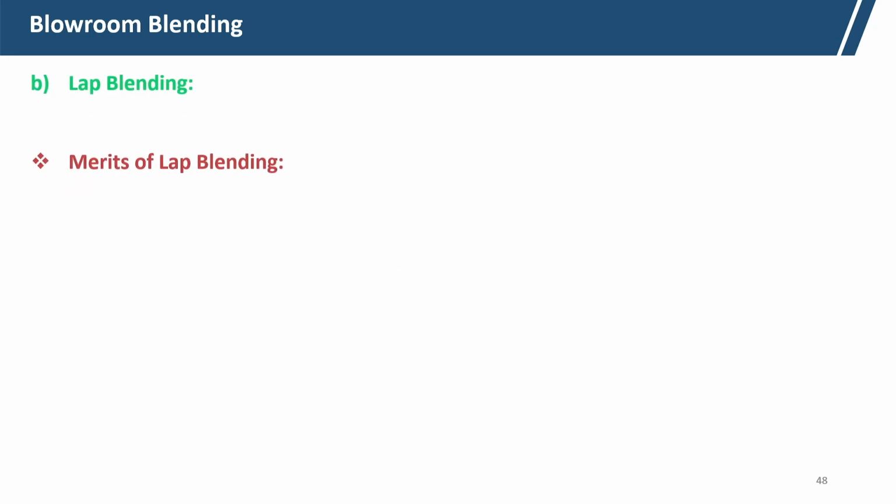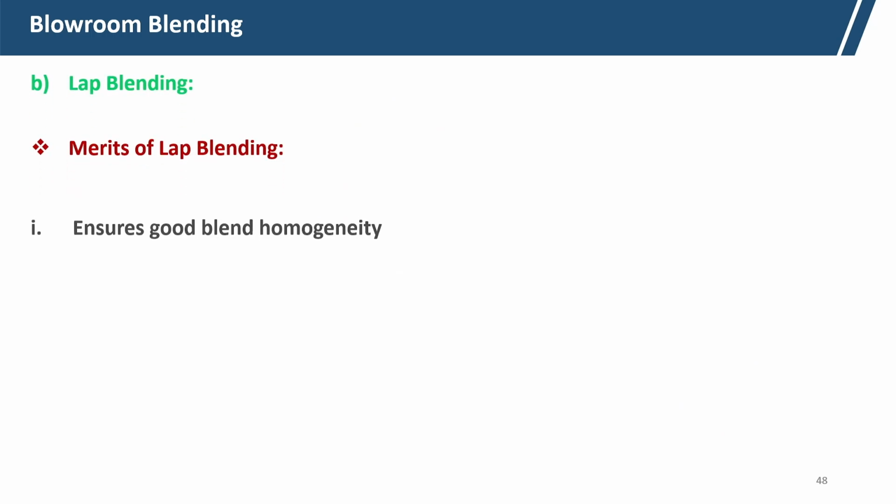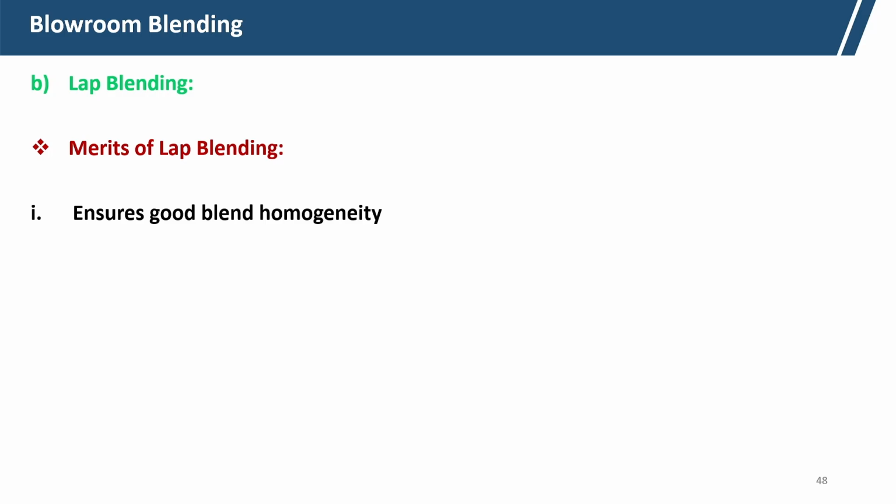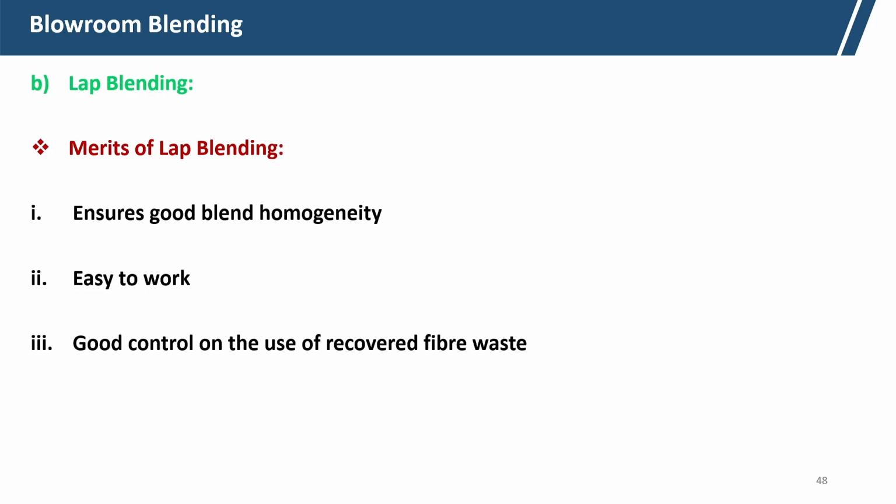Then lap blending: the merits of lap blending are that it ensures good blend homogeneity, it is easy to work, and there is good control on the use of recovered waste, because the fiber comes at a particular place, so that recovery is easy.